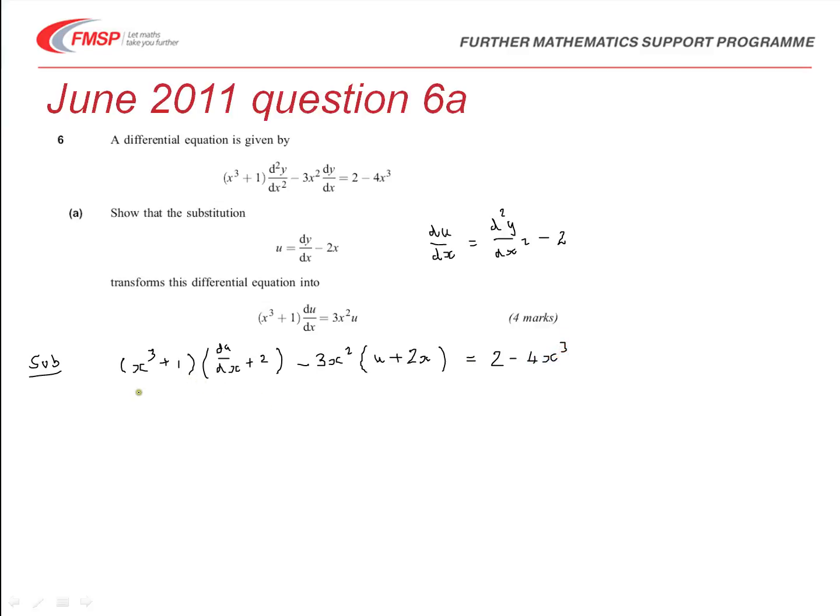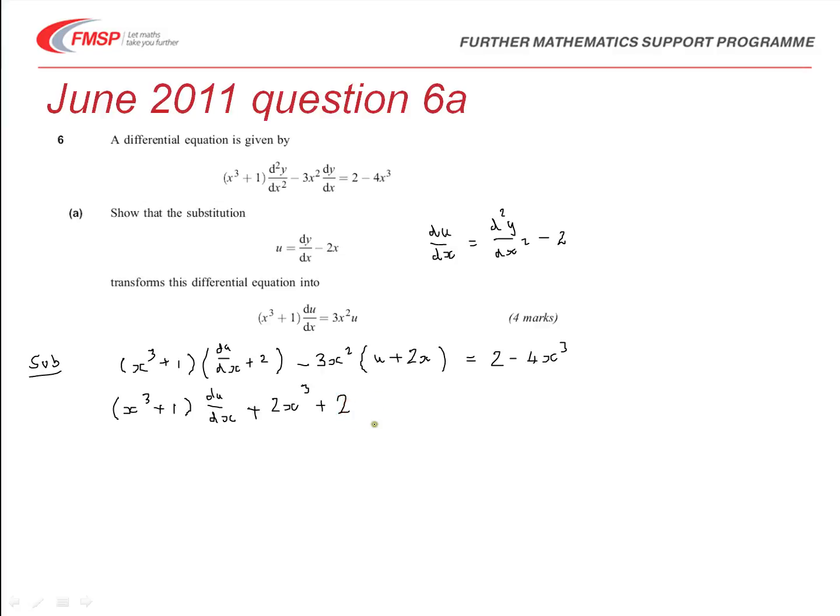Well, now we can multiply out these brackets and hopefully see what we've got. Initially we have the x cubed plus 1, which, if we look at the answer that we're working to, we require being multiplied by du by dx. And then we've got x cubed plus 1 times 2, so that will give us plus 2x cubed plus 2.